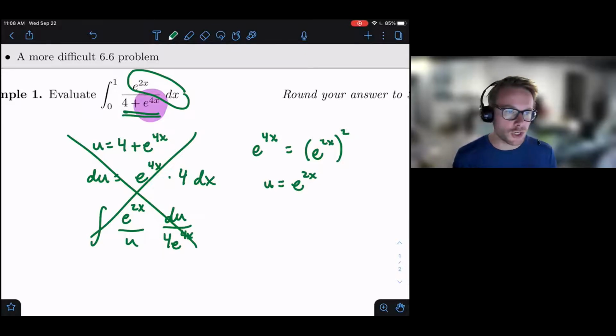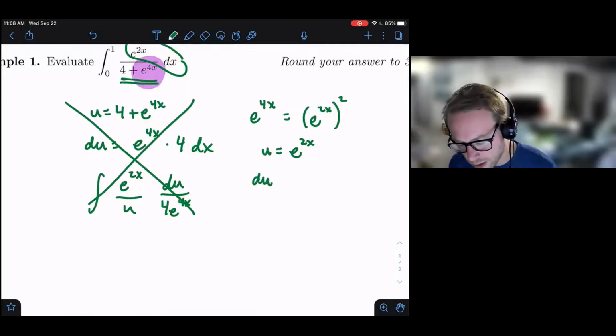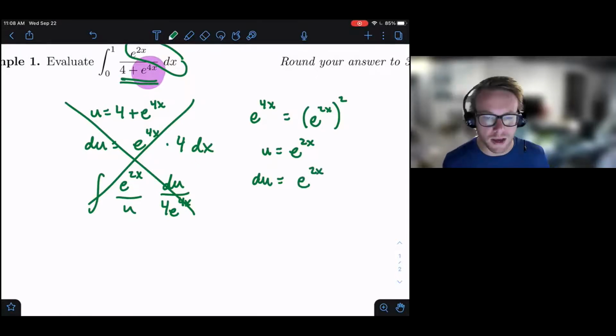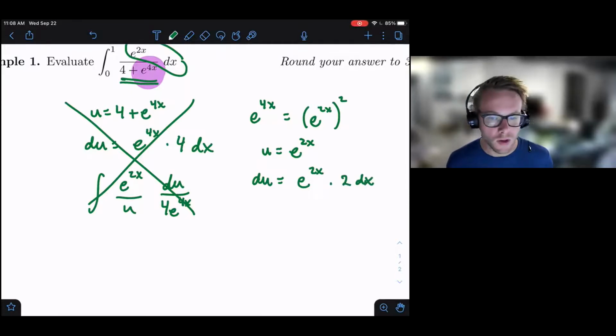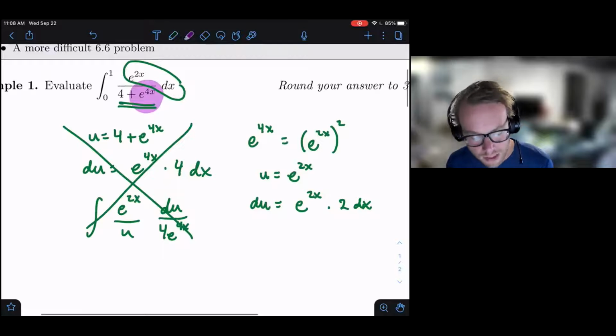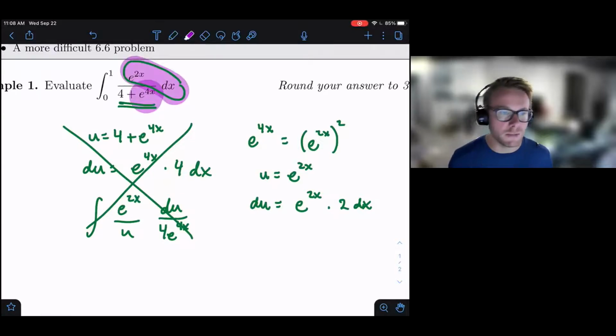Again, the main motivation why I thought that this would be a good thing to do is that when you calculate out our du, we get e to the 2x, being a copy of itself. And then according to the chain rule, we multiply by 2. And of course, we have our dx here. So again, more or less, all of this stuff right here is going to be absorbed by our du, right?